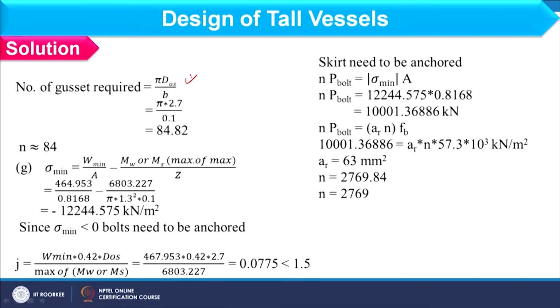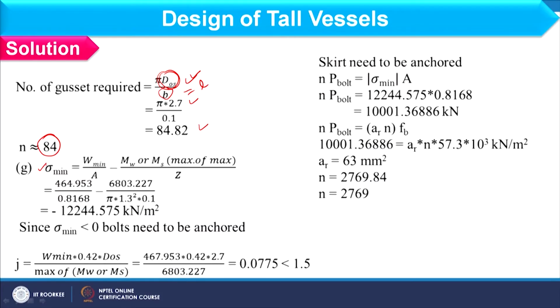Now, if I am using the gussets, we should also calculate the number of gussets, and that we can calculate using this expression pi DOS by B. B is the gusset spacing and which is equal to L, right. So, pi D naught by 0.1 we can consider 84.82 as number of gussets. So, final number of gussets should be equal to 84 because diameter of the support should be same, right.